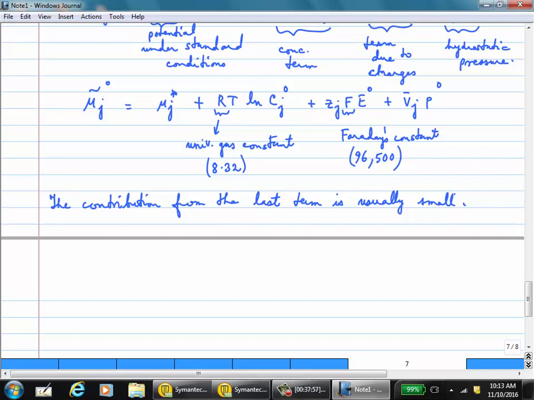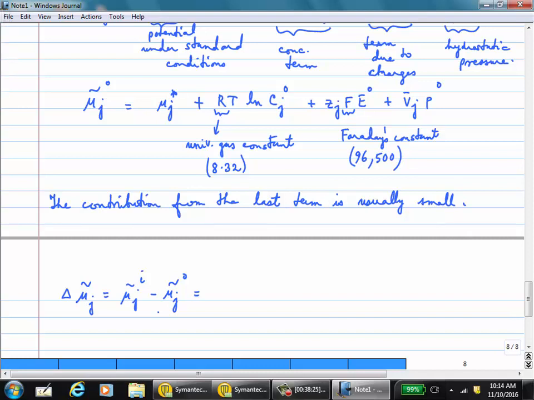And if we take the difference, then we will get delta mu tilde j, which is mu j tilde inside minus mu j tilde outside. That gives you the electrochemical potential difference across the membrane. That is going to be equal to what? The mu j star terms will cancel out, because that's under the standard condition.